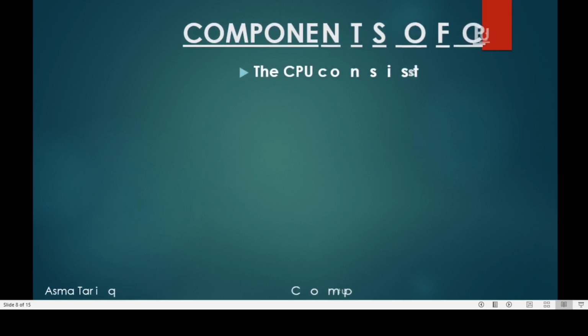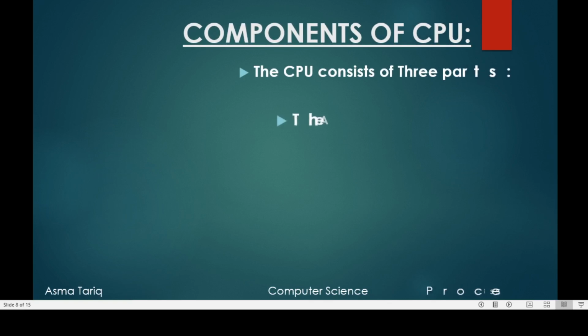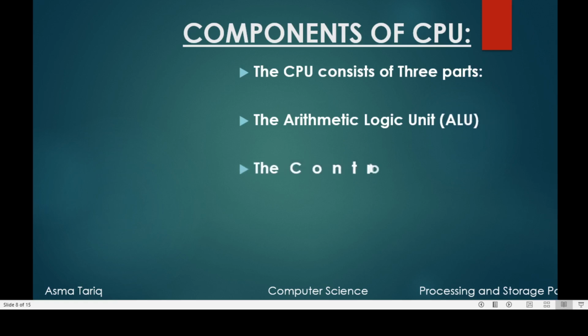What are the components of the CPU? The CPU consists of three parts: the arithmetic logic unit (ALU), the control unit (CU), and the memory unit (MU). Let's see the block diagram of the central processing unit and try to understand the working of the CPU.